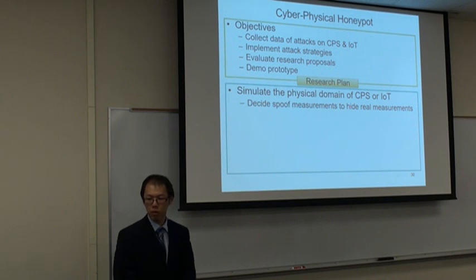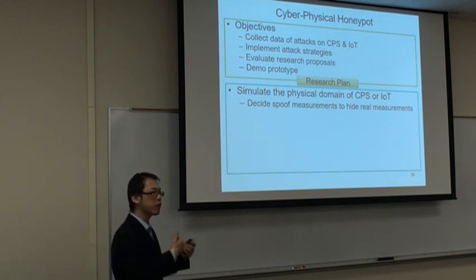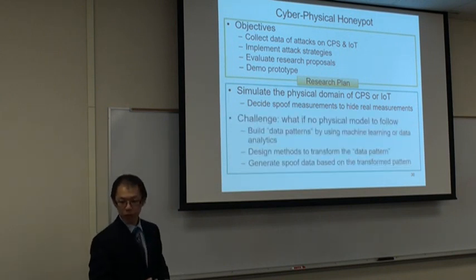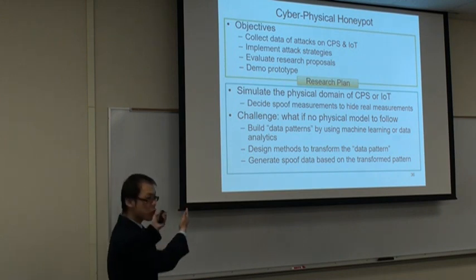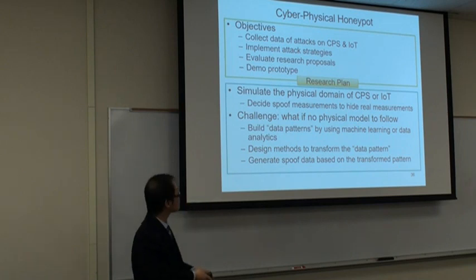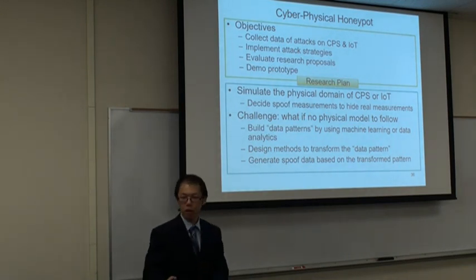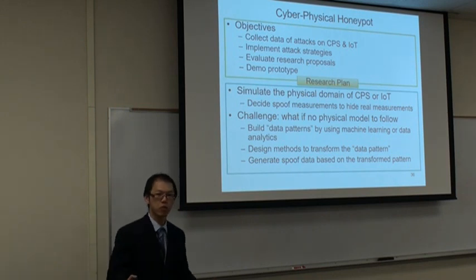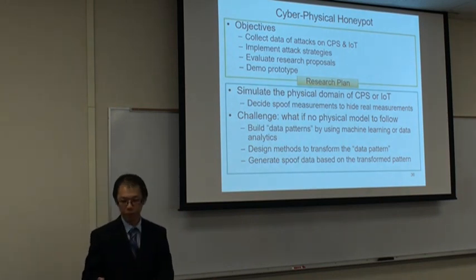How do we decide on spoofed measurements that look real enough but can hide among the real measurements? The challenge is, of course, that in my experience with power systems, decoy measurements can help. But another challenge is: what if there's no physical model to follow, such as in many IoT applications? How can you decide whether a measurement looks realistic enough?